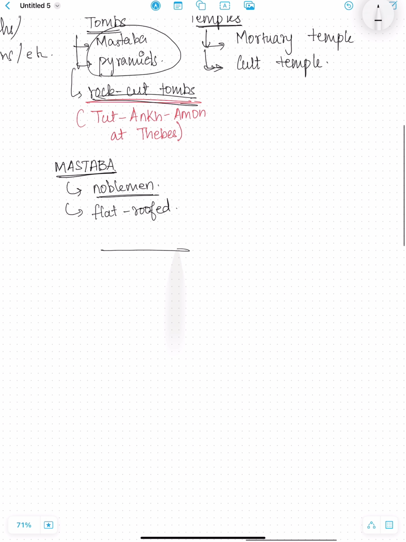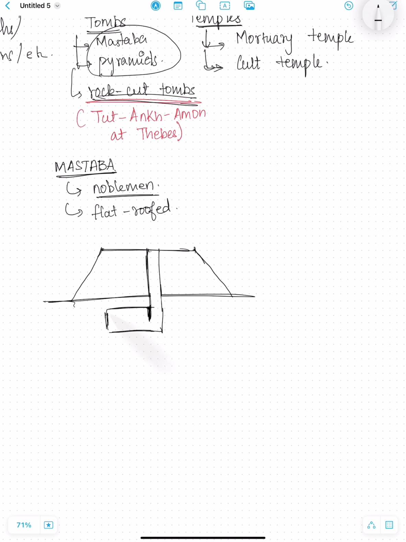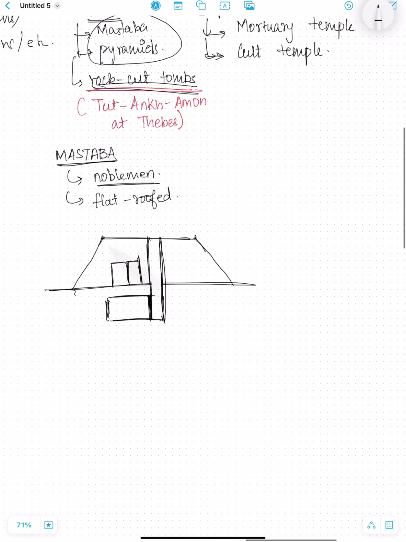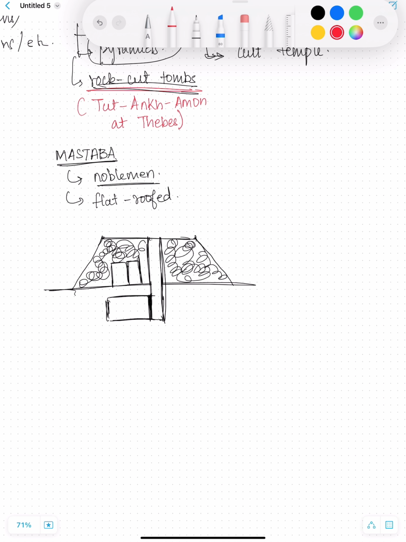I'll draw a rough cross section. Okay, so this is your outer shell.